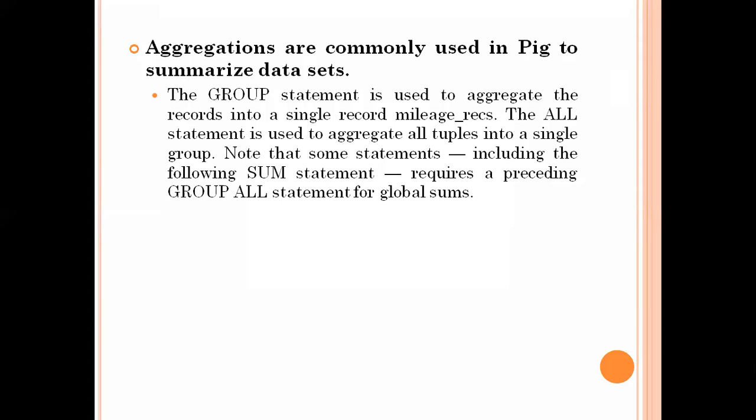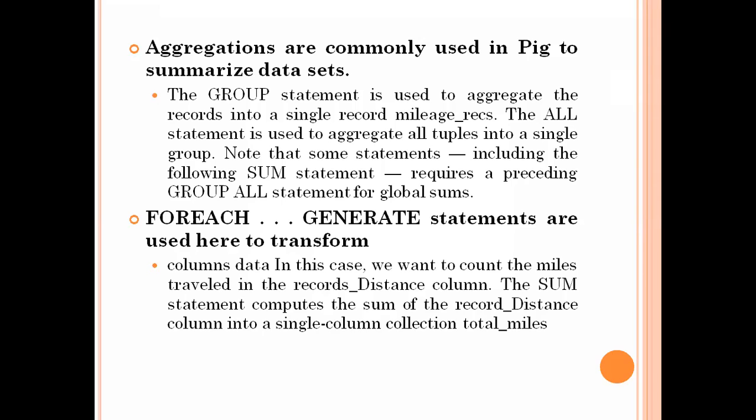Here we find the total miles of the flight, so to find the total sum we use the group aggregation. Then foreach generate is used to transform, which means the calculation part takes place here.